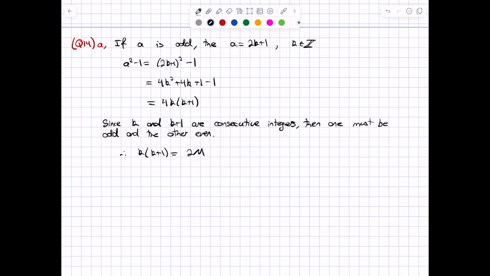So now I can say that a squared minus 1 equals 4 times 2m. I should have said here where m is an integer, because I need that. And so this is equal to 8m, where m is an integer. And so therefore, we've got that a squared minus 1 is divisible by 8. And that's the end of our proof.